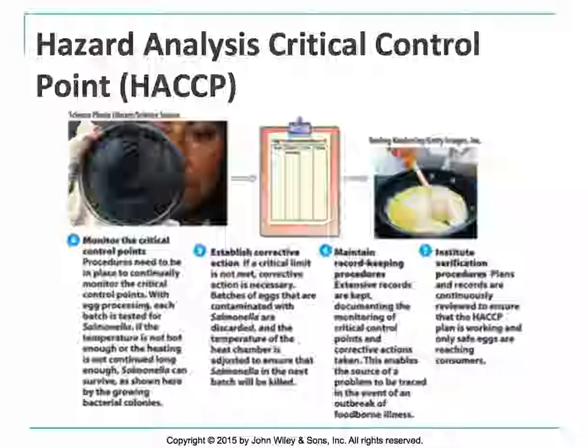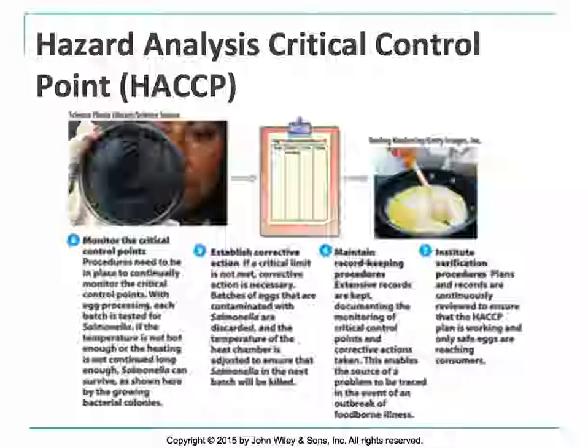So if you say the eggs need to be heated to 150 degrees, well, there has to be ongoing monitoring of the machinery that's responsible for heating the eggs to make sure that, yes, it is staying up to temperature. Yes, it is holding that temperature long enough. So you have to have ongoing monitoring to make sure that everything is going the way that it's supposed to.